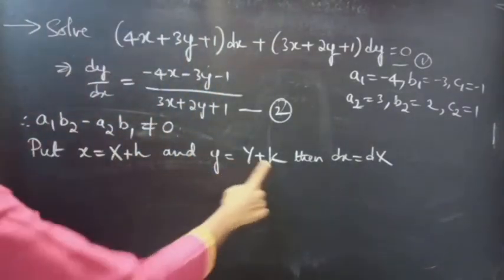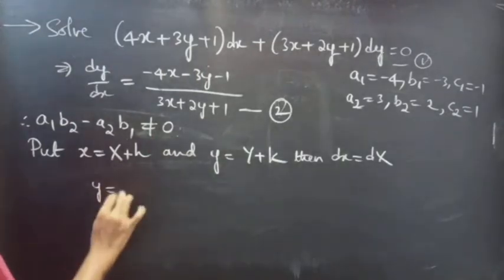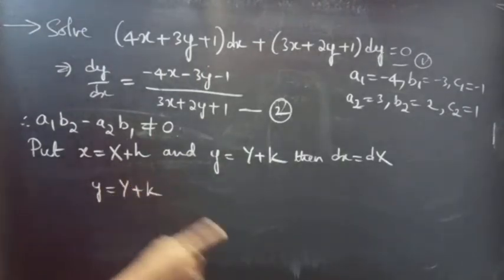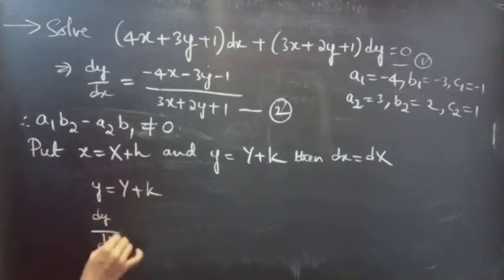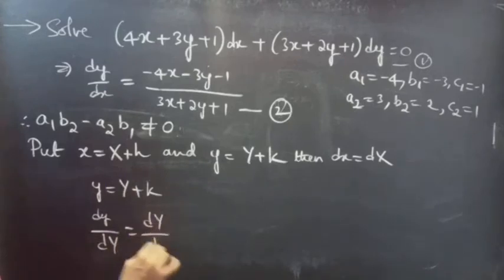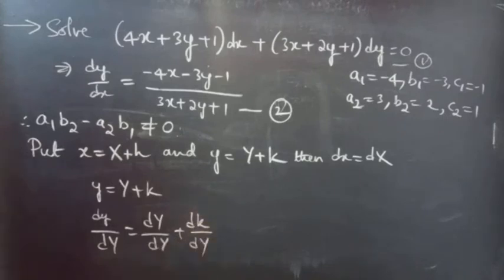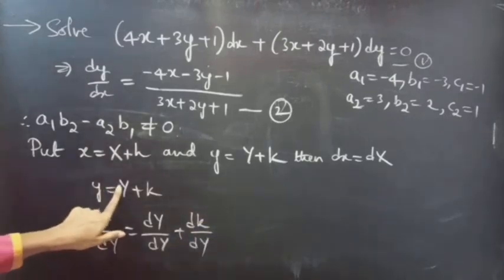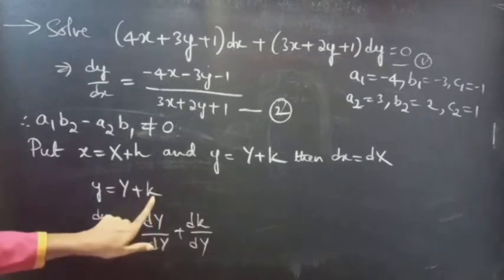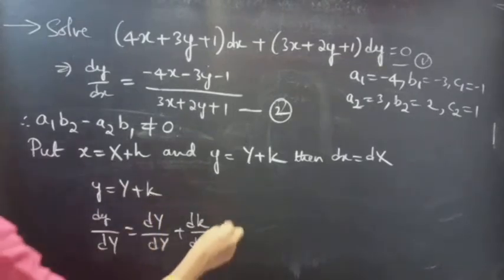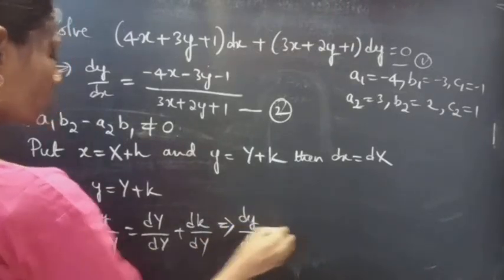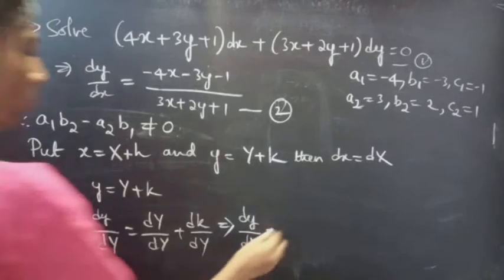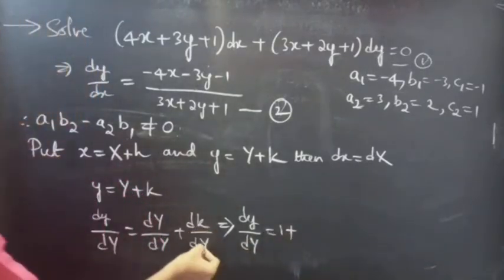Now consider y equals capital Y plus k. Again, differentiate on both sides with respect to capital Y, then you'll get dy by d capital Y equals the derivative of capital Y with respect to capital Y, which is 1, plus the derivative of a constant, which is 0.